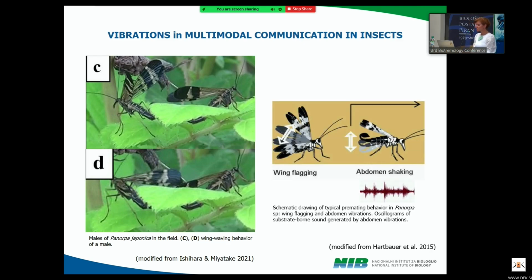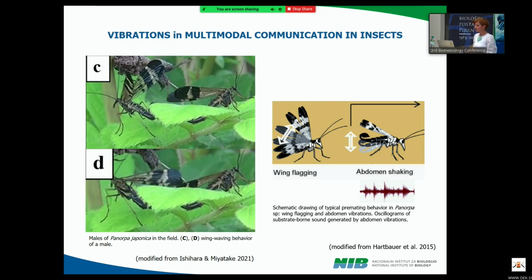And it was shown that not only the wing flagging visual display is present in scorpion flies, but also abdomen shaking, and this abdomen vibration, of course, produces substrate-borne vibrations. Interestingly, the abdomen is also colored red.